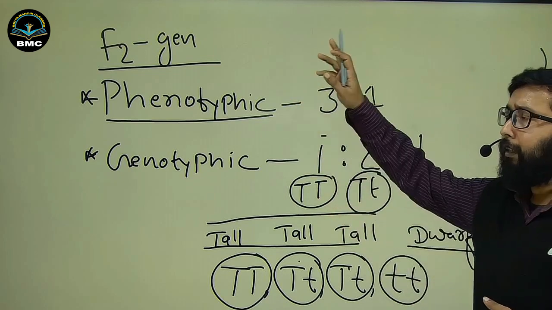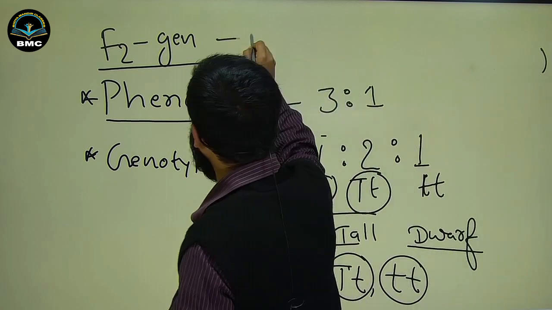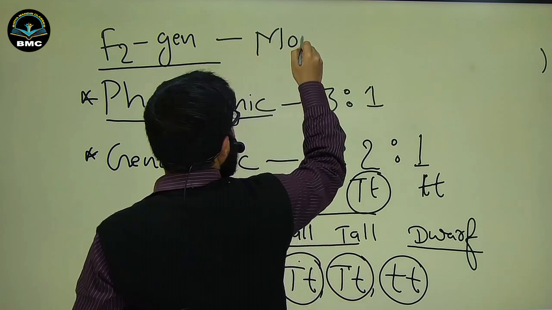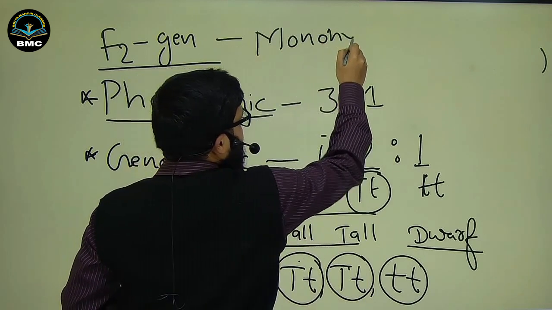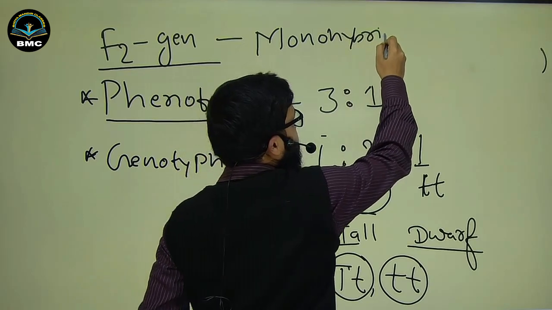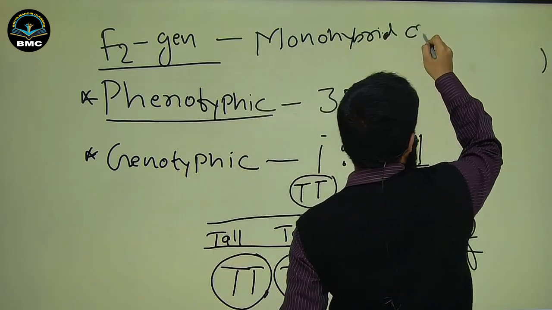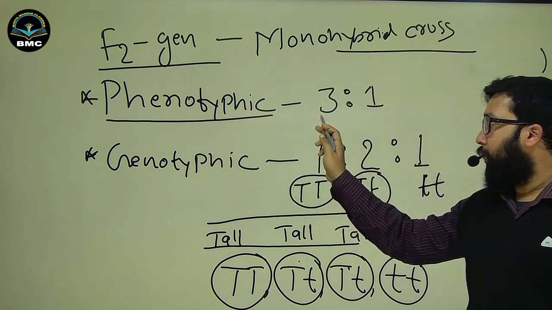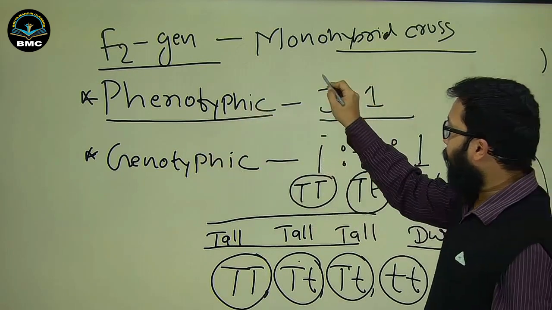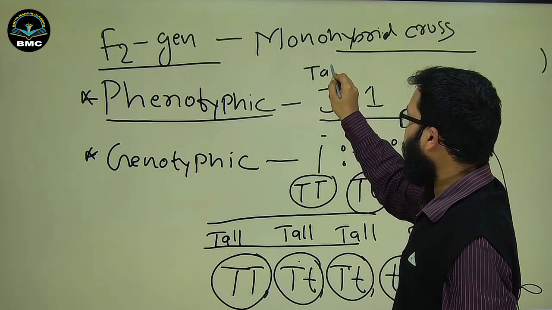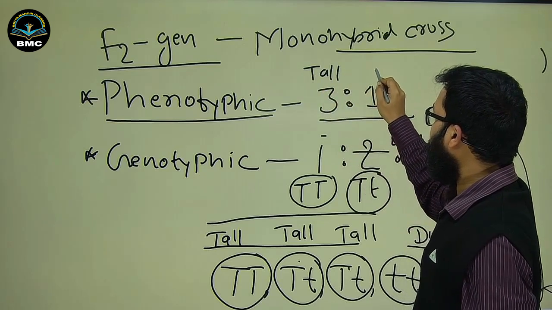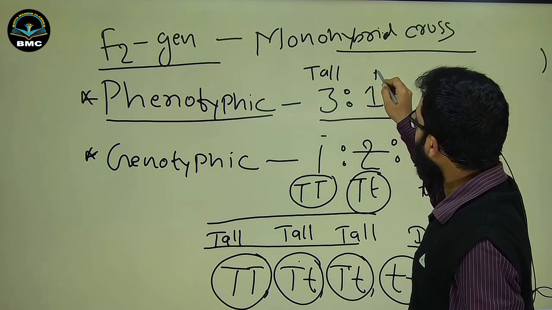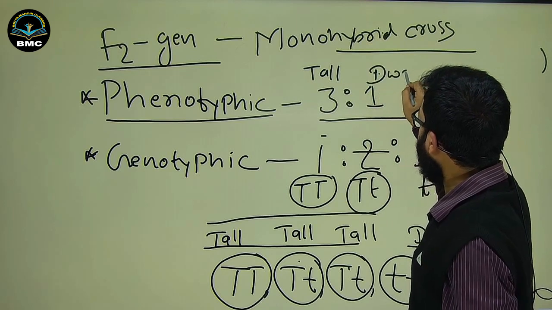So remember that in the F2 generation of the monohybrid cross, the phenotypic ratio is 3:1, in which 3 is tall and 1 is dwarf.